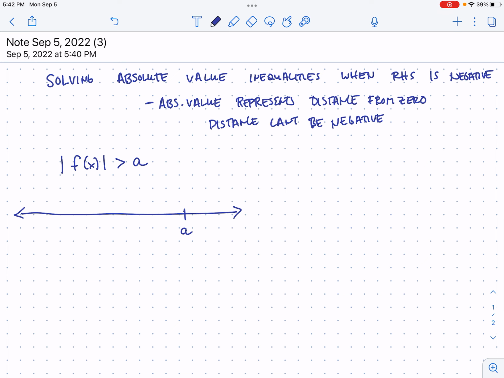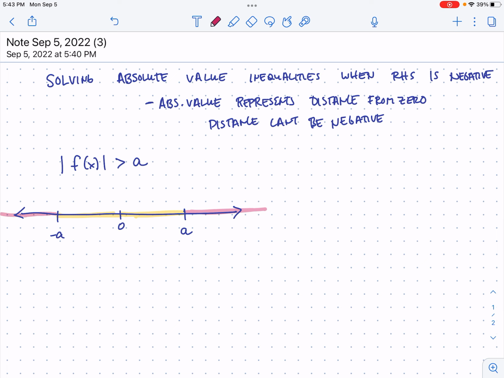Here's a, and over here's negative a. 0 is right in between them. So this represents a distance from 0 of a, but this also represents a distance from 0 of a. So what we know is that for the distance for f of x's absolute value to be bigger than a, f of x has to fall out here. f of x can be out here, or it could potentially be out here.